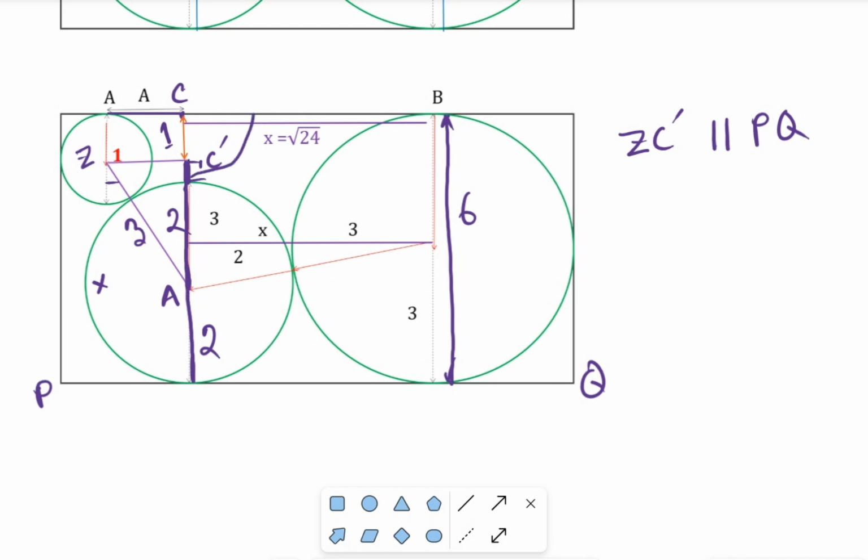So this length total was 6 minus 2 plus 2 is 4, and we have to subtract this length as 1. So altogether this will be 1. So up to this one is 1, right?